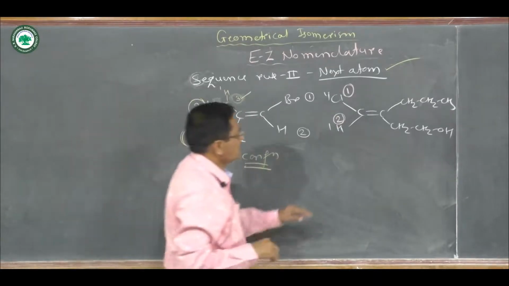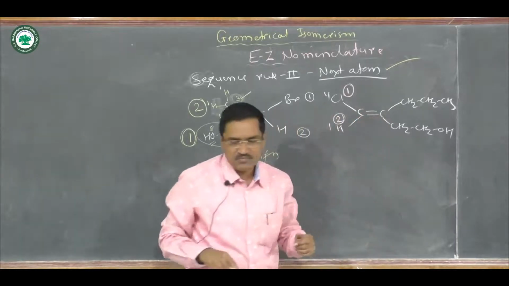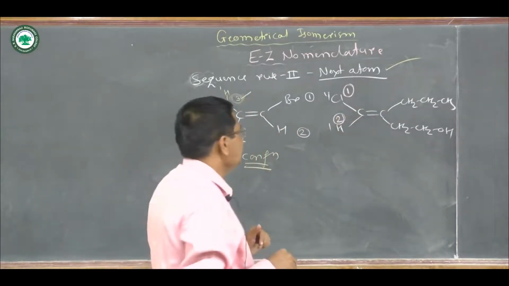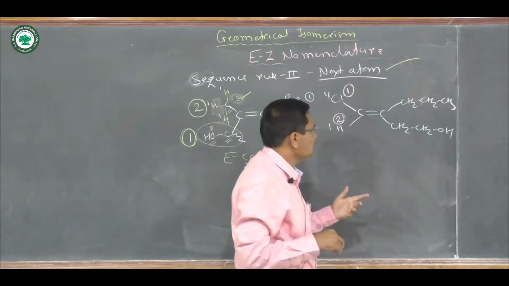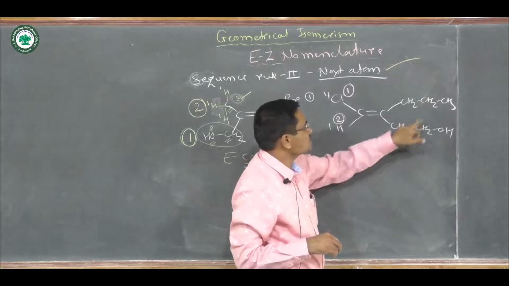Now in this case this CH2 and this CH2 are the same group, so CH2 can't decide which one is prior, so we move toward the next atom or next group.